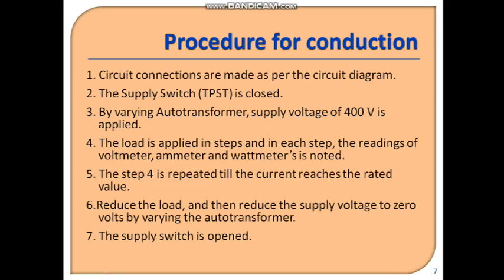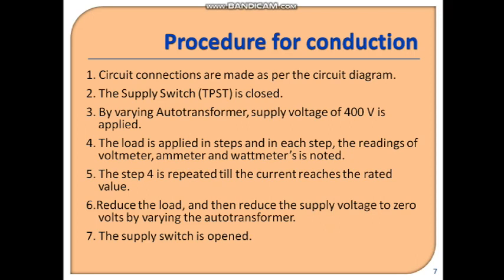Procedure for conduction. Circuit connections are made as per the circuit diagram. The supply switch is closed. By varying the auto transformer, the supply voltage of 400 is applied. The load is applied in steps, and at every step take the reading of voltmeter, ammeter and wattmeter W1, wattmeter W2.